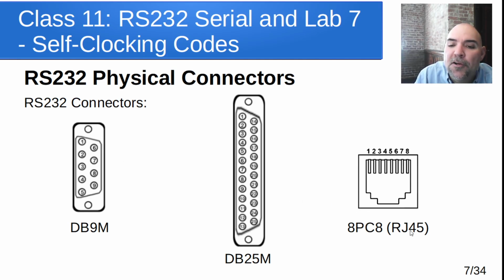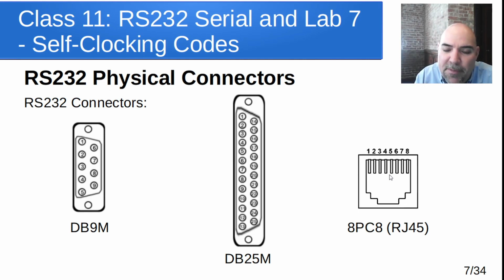There's also this RJ45, which looks a lot like an Ethernet connector. But there are uses of these for RS232 as well. There's some other ones as well. There's like a 10-pin version of this that I've seen. There's also a version of this that has a weird offset bottom on this, so it can't be plugged into the same thing, called an MMJ.